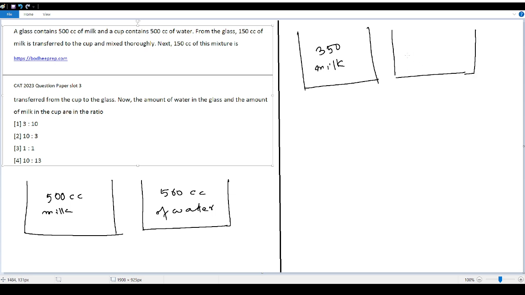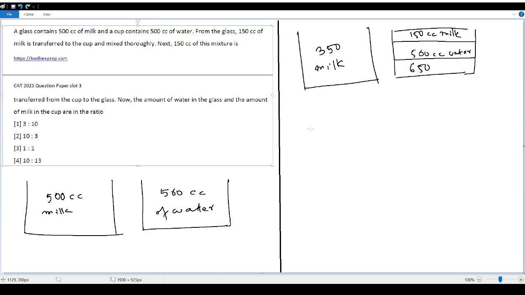In this cup, 150 cc of milk is transferred. So 150 cc of milk is there and 500 cc of water is there. So total it is 650, right?